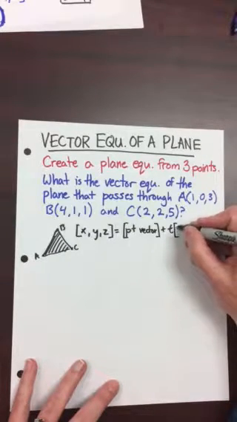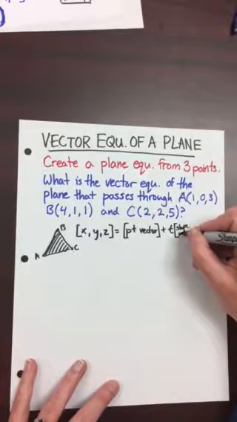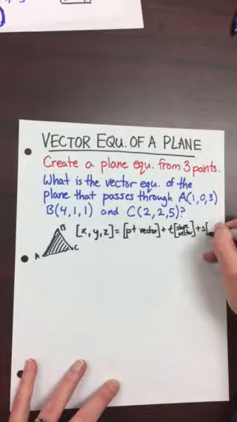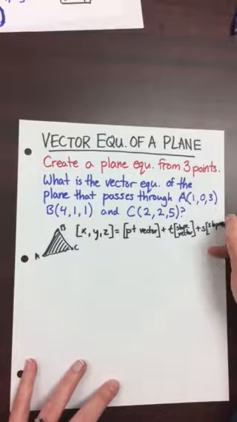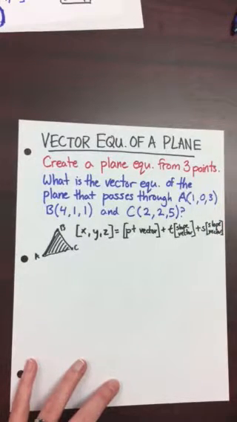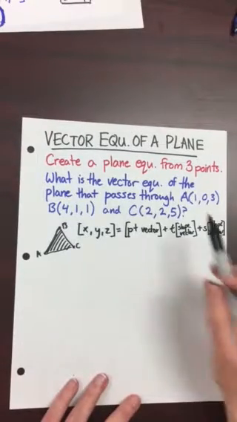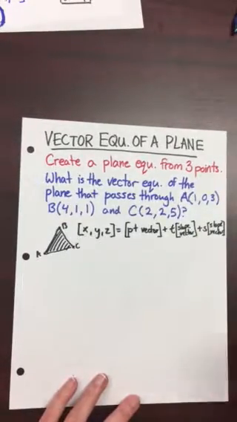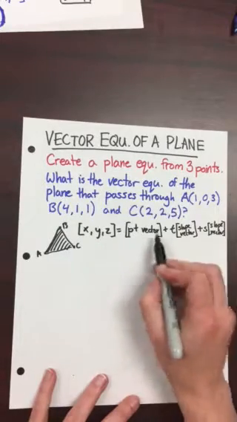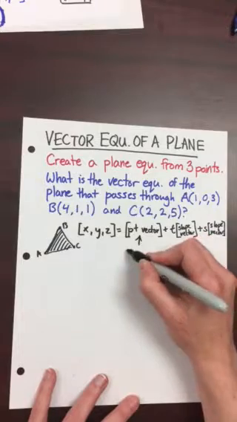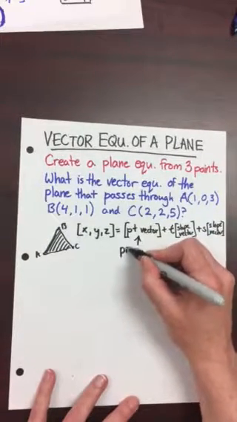So this is our slope vector. And then plus s times another slope vector not parallel to the first slope vector. Cool. So a point vector, well, that seems really easy to get, and it is. I have 3 points, so you can literally just pick your favorite one. So maybe I'll grab point A. That would be a great choice. Pick any point.